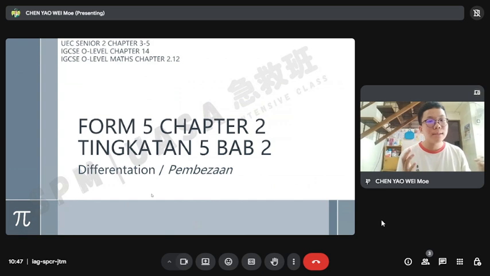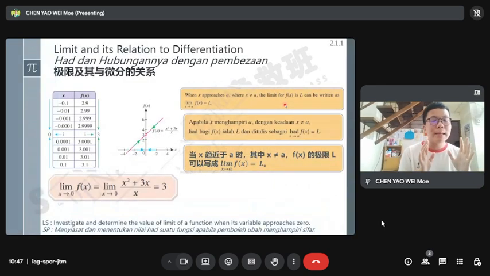Now our syllabus just stops at the basics. There is more you need to know when you move to another study like Form 6, A-level, or other colleges like matriculation. Differentiation has a relationship with limits.